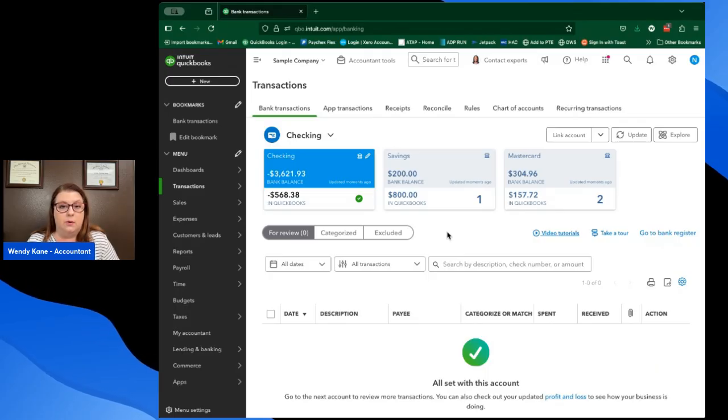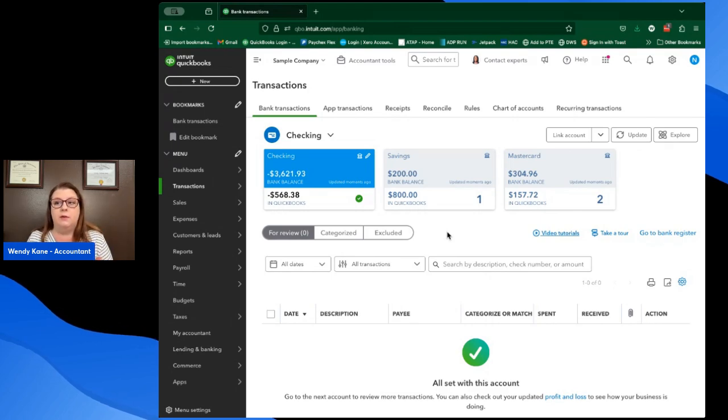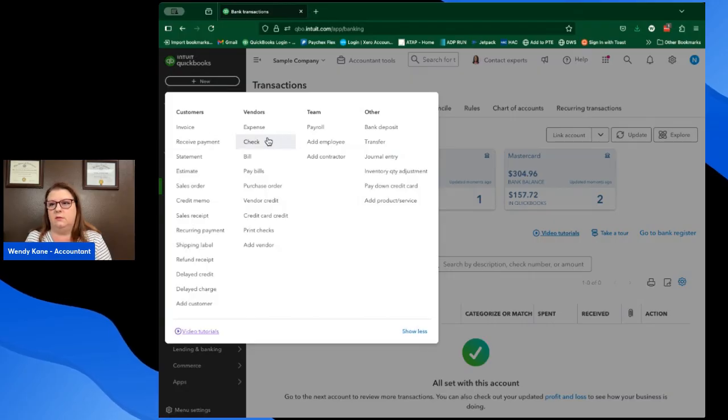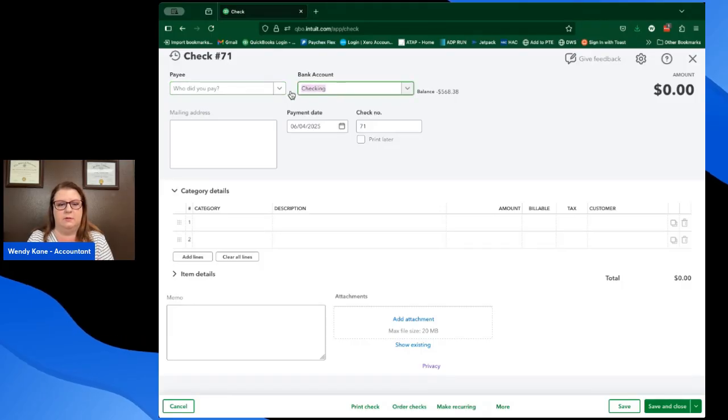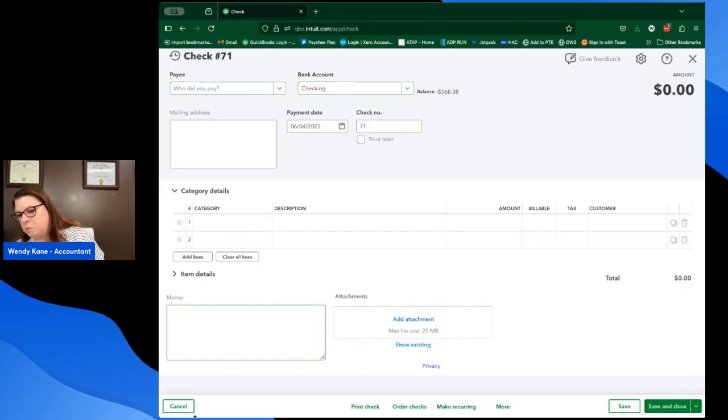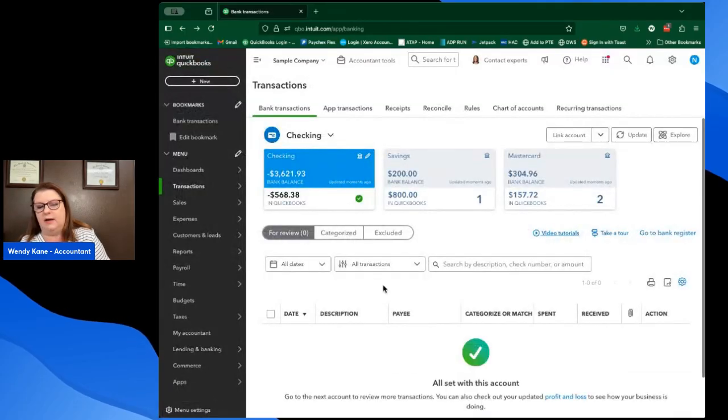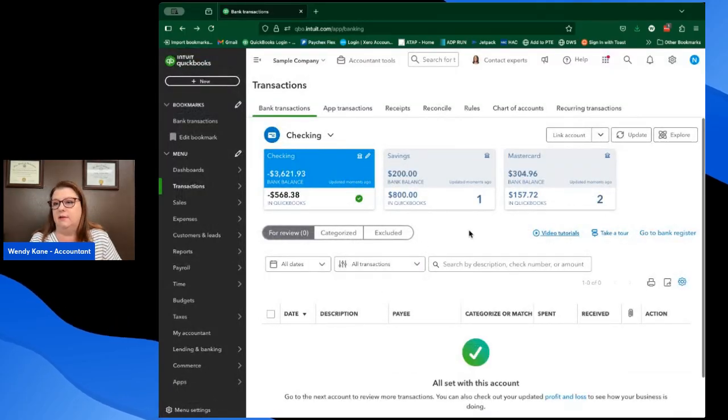So in order to make sure I remember that I wrote that check, I go ahead and put it in QuickBooks. And so when I do that, when you go to new check and then choose an account, see up here, you tell it which bank account to come out of. Okay. So if I go ahead and do that, this balance in QuickBooks will go down.